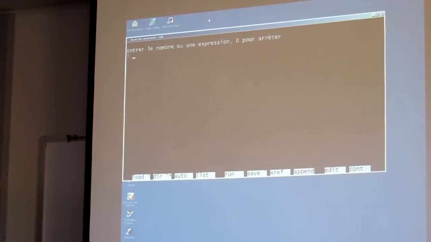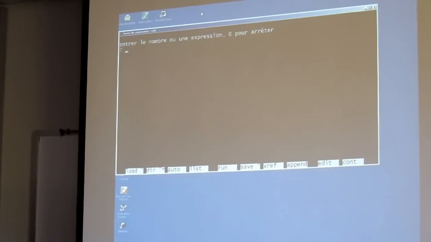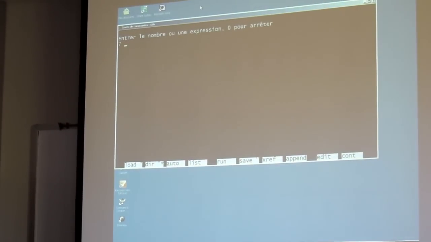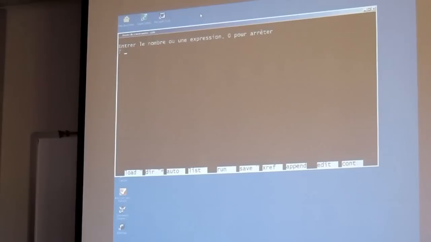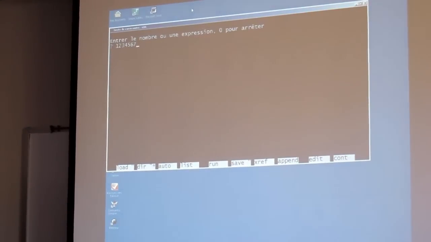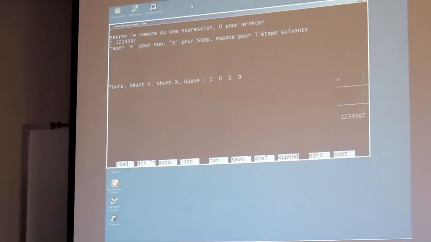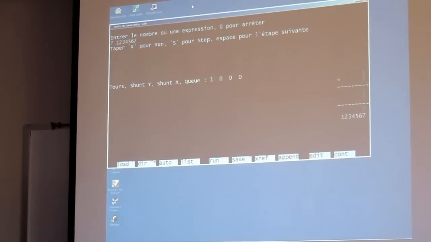So here is another program that I use to show the algorithm. I enter a number and I launch the calculating.